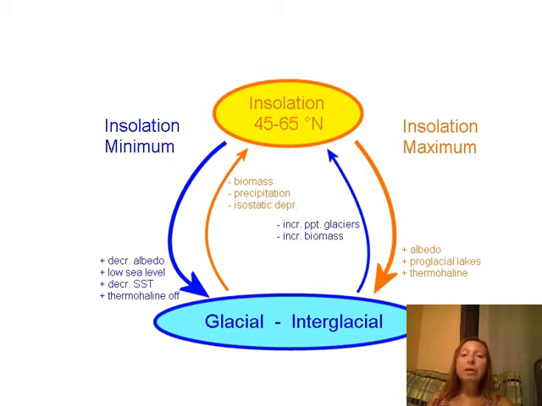And then the albedo starts declining, the amount of sea ice is declining, the sea level starts increasing. We see changes in the sea surface temperature, we see changes in the thermohaline circulation, and overall our planet starts moving again into the interglacial.